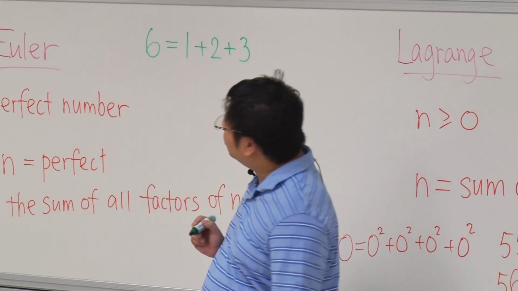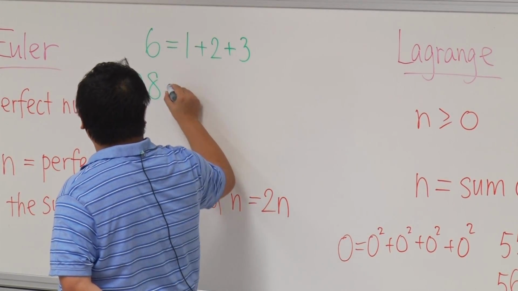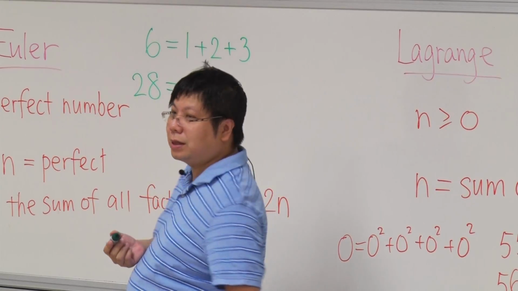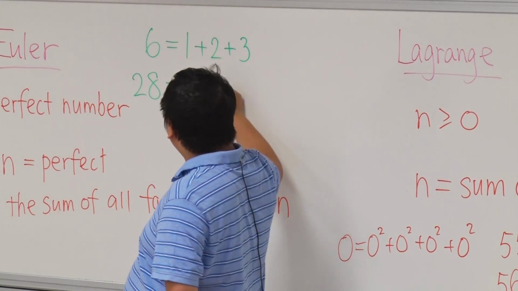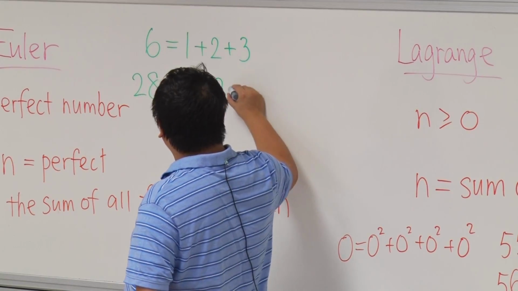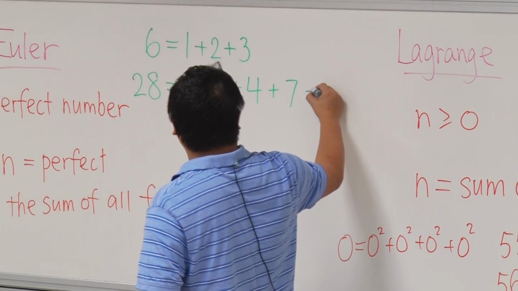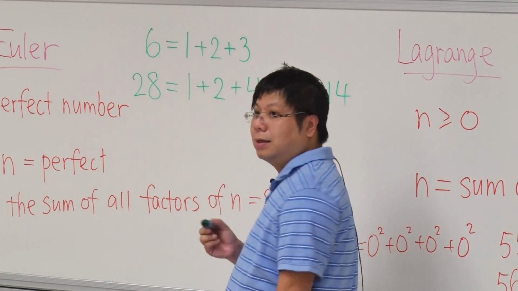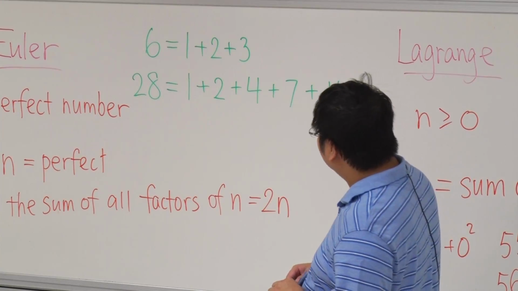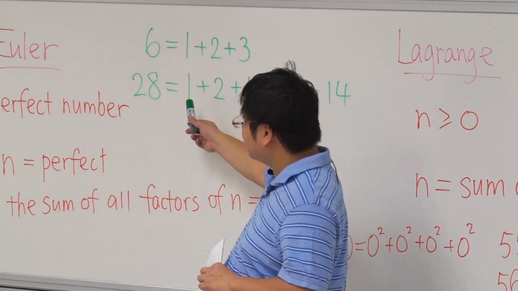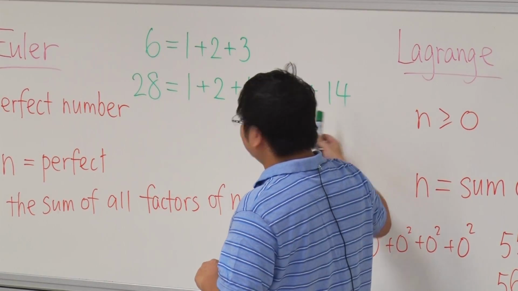So what else? Let's try another one. 28 is a perfect number. Let's try 28. What are the factors of 28? 1, 2, 4, 7, 14, excluding 28 itself.